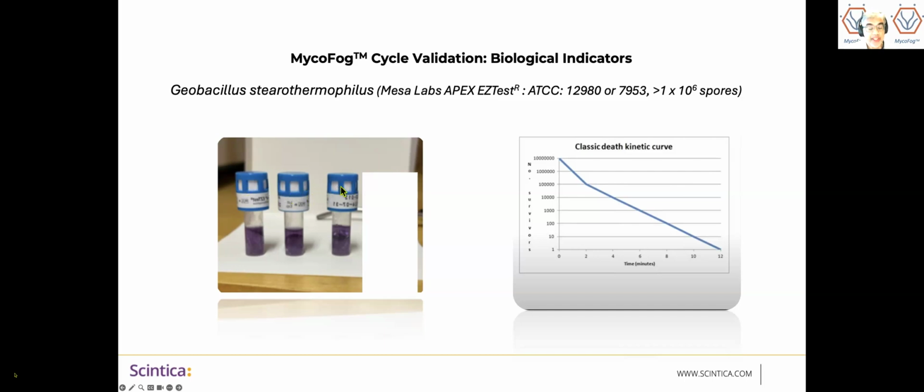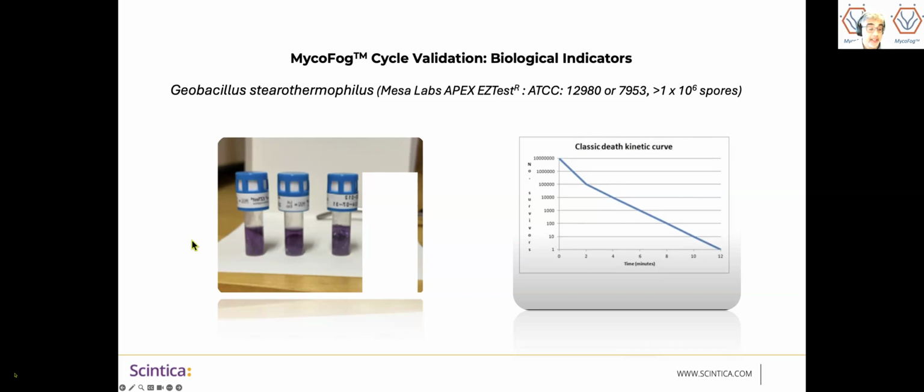And what you want to see is that once you put this biological indicator into an incubator where you're performing a MycoFog decontamination, this media, this purple color, remains purple. Why? Because you want the H2O2 to kill all the bacteria on the spores. When you activate this by crushing, the disc will drop into the media. We want to make sure that all the bacteria are dead, so the media should not change color.